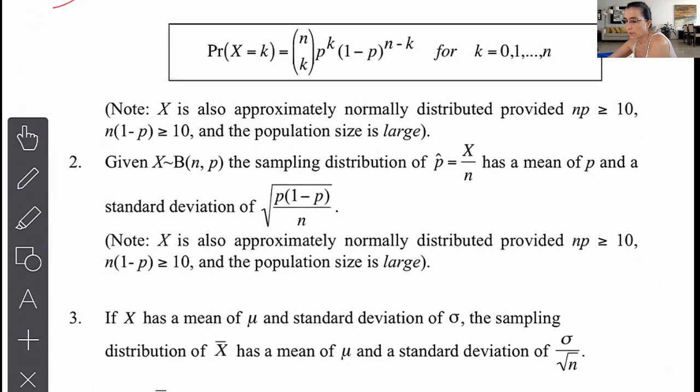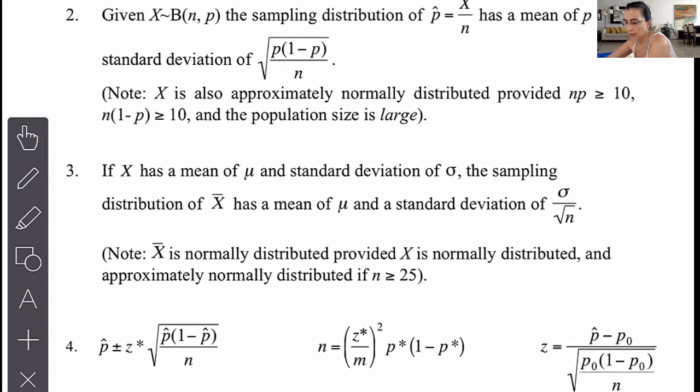And this is what I'm talking about next. If x is binomially distributed with parameters n and p, then we also have the possibility of computing the sample proportion. The sample proportion we calculate from any individual sample comes from a distribution of sample proportions.